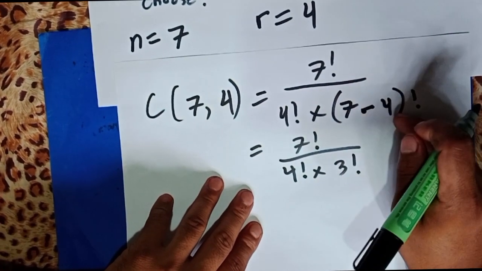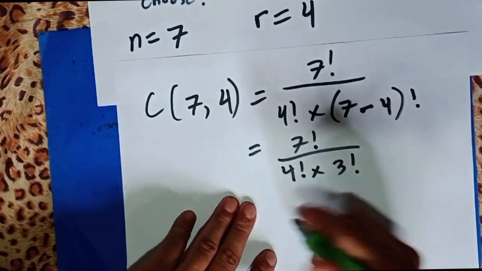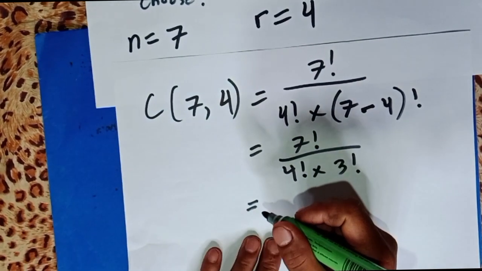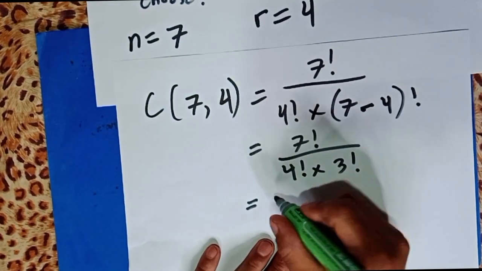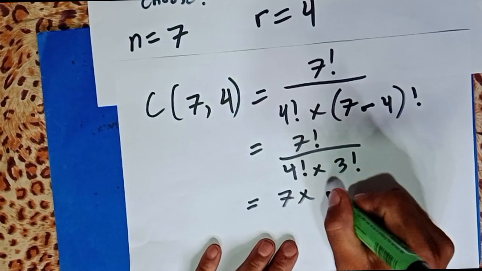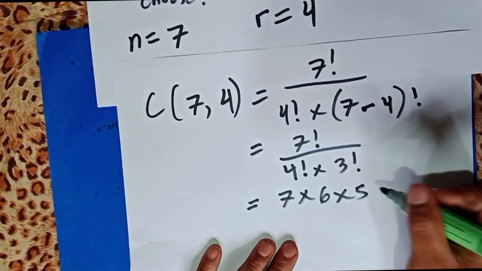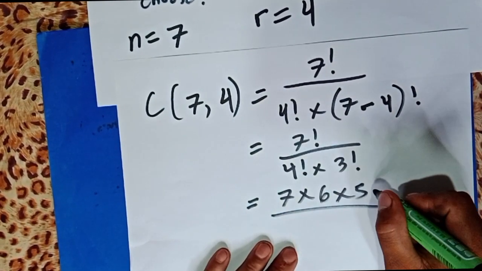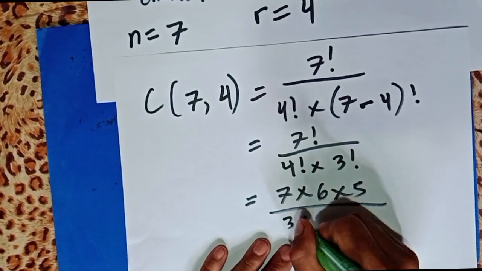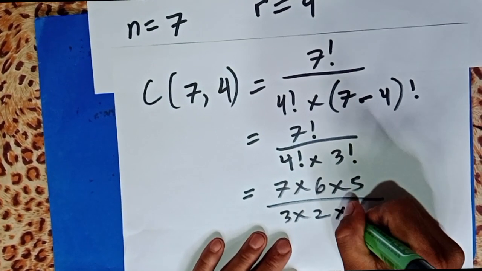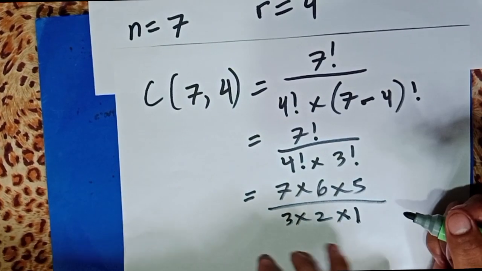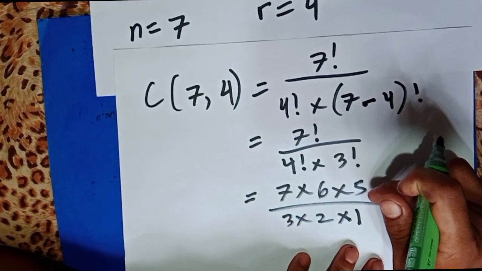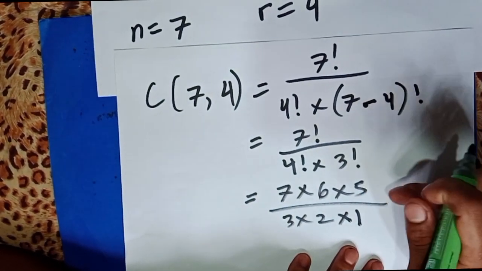Next, we have 7 times 6 times 5 over 3 times 2 times 1. Why did we not write out 4 factorial?